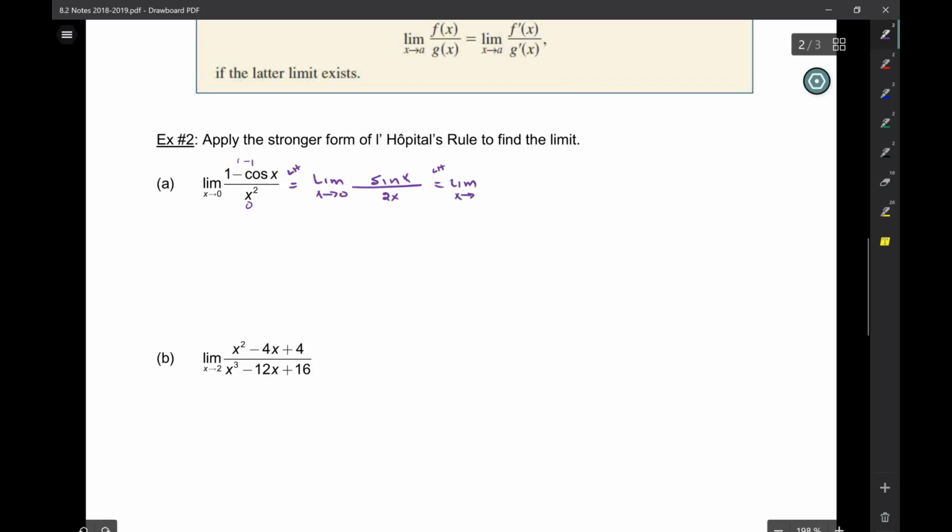Limit x approaches 0. Cosine x over 2. Finally, that x went away. Now, when I put in the 0, you get 1/2. Cool, right? Yeah. It is pretty cool.